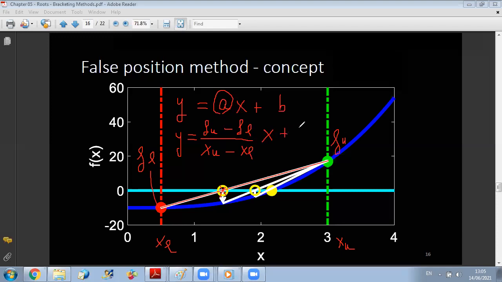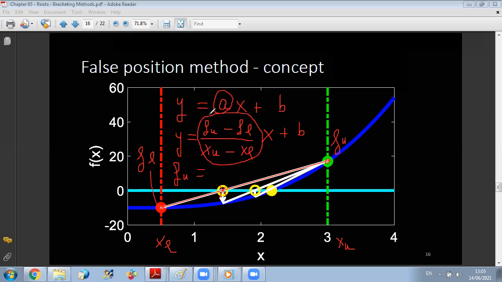How to find b? To find b, I need just to replace the coordinates of the lower point or the coordinates of the upper point. Let's say you choose to replace by the coordinates of the upper point. What will be your equation? I will put f upper instead of y. And I will replace this term by small a, the slope.